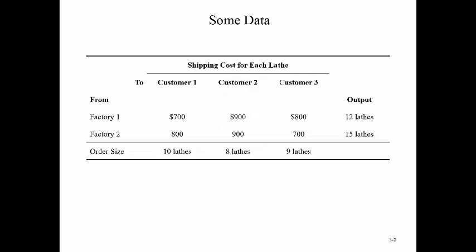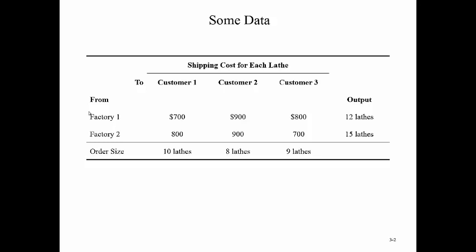So the data that's given is for every origin-destination pair, in terms of every factory to every customer. There is a given amount of distance, which then drives the cost to ship one lathe from one plant to one customer. So that's basically the 2x3 matrix that you see with the 700, 900, 800, 800, 900, 700 values.